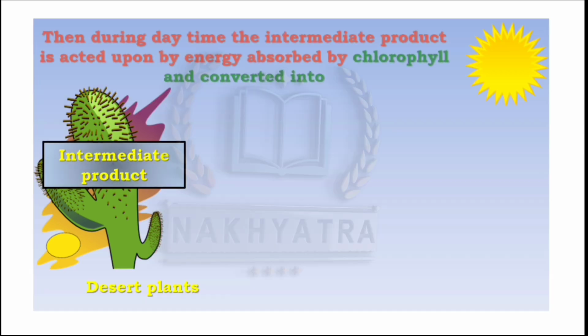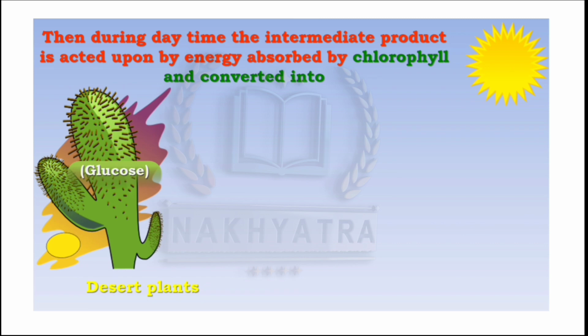Then during daytime, the intermediate product is acted upon by energy absorbed by chlorophyll and converted into glucose. I hope everyone is clear.